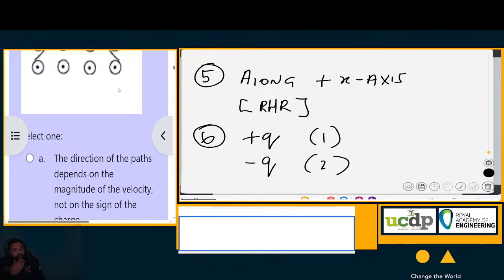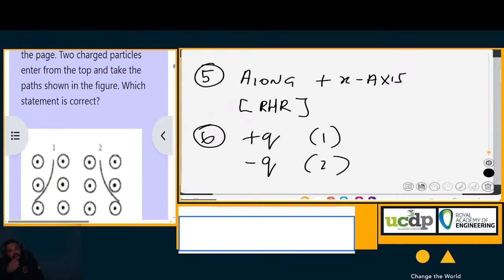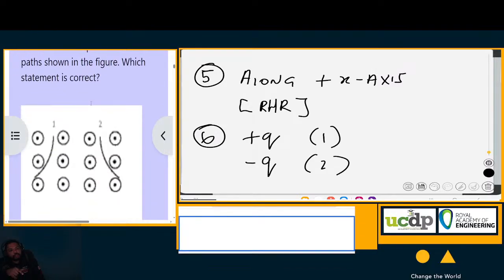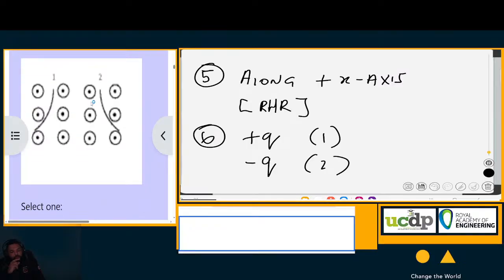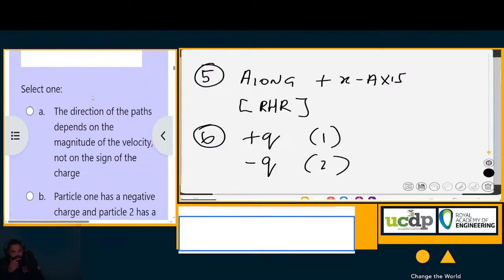If the magnetic field is directed out of the page and two charged particles enter from the top and take the paths shown in the figure, which statement is correct? We've determined that a positive charge would move in the direction of situation 1 and the negative charge would move in the direction of situation 2, if I did my right hand rule correctly.